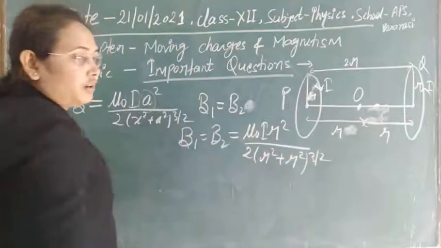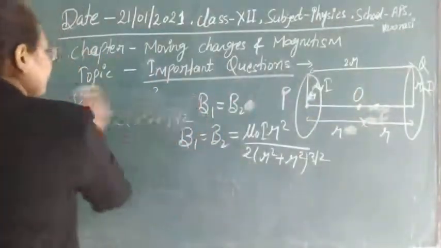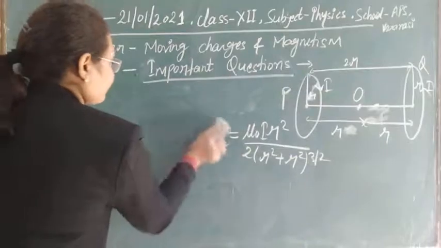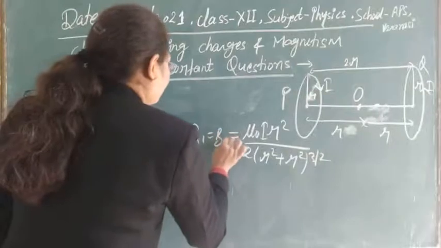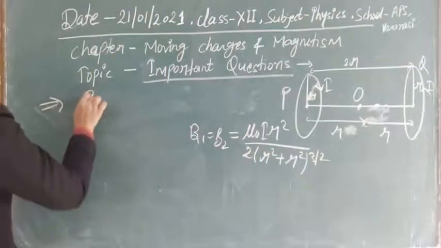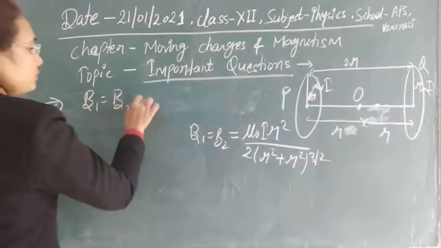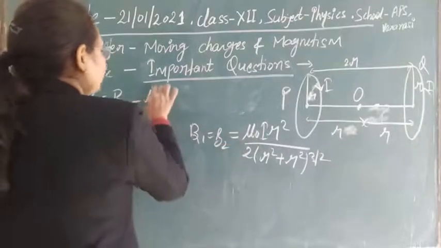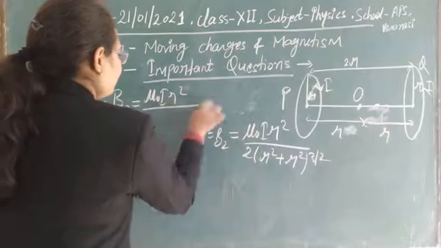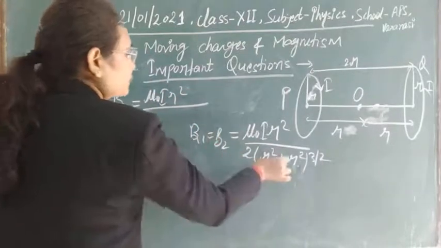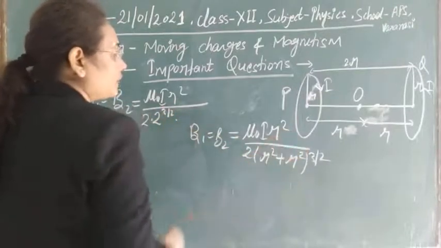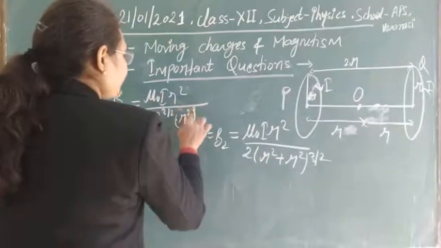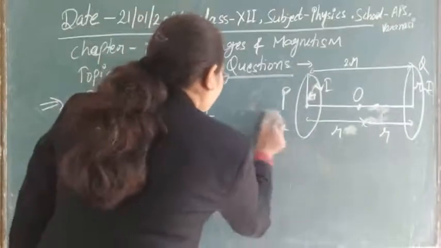If we solve it, then B1 is equal to B2, which is mu 0 I r square divided by 2 into 2 r square, so you can write it as 2 power 3 by 2 into r square power 3 by 2.